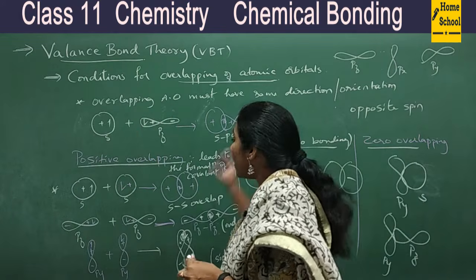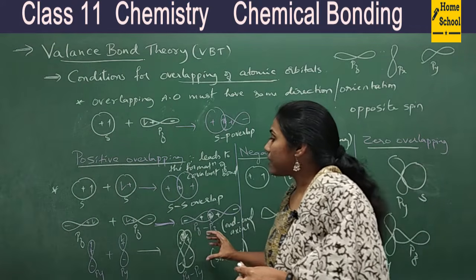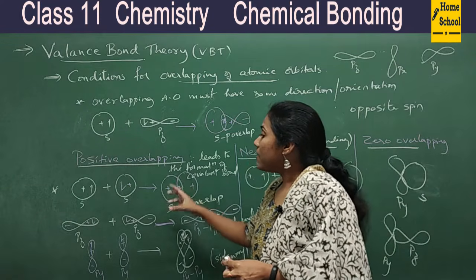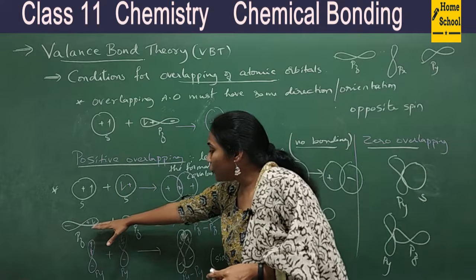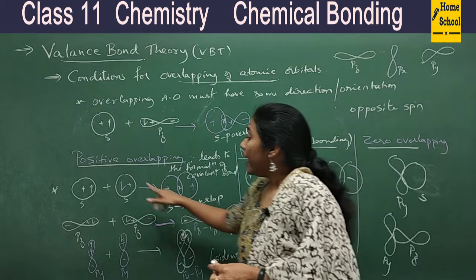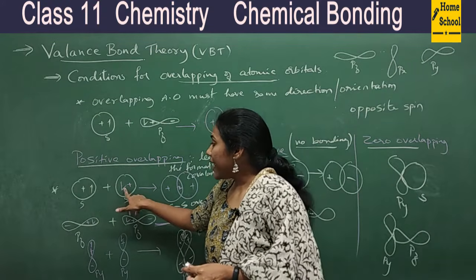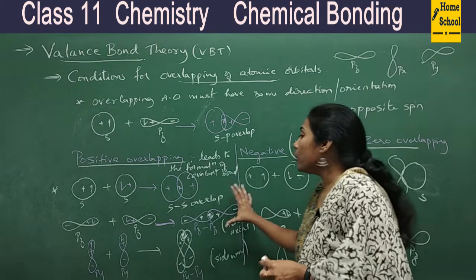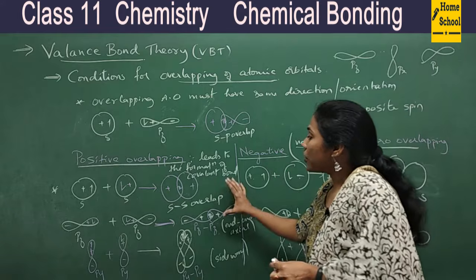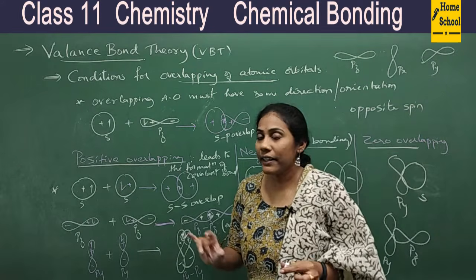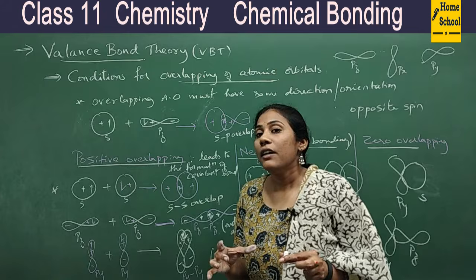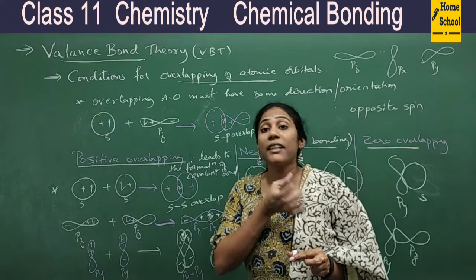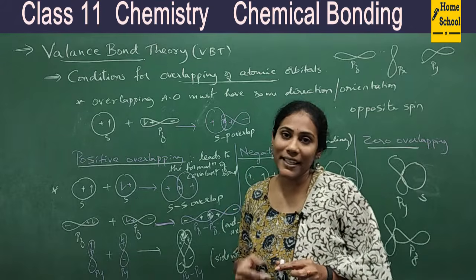So to observe better sharing of electrons between the two atoms, the combining atomic orbitals must overlap, matching their orientation, and they should have the same sign with opposite spin electrons. Only then does it lead to the formation of a covalent bond. Right? So now let us observe in what situations sigma bond formation takes place and in what situations pi bond formation takes place.